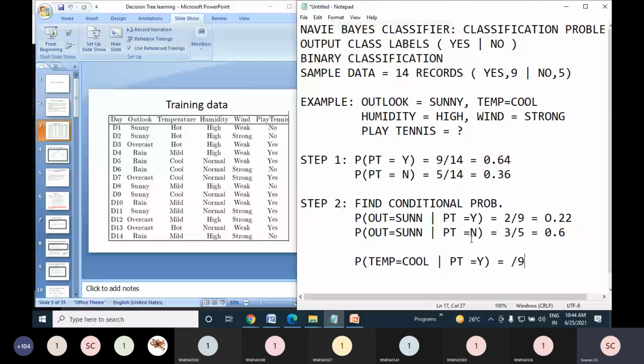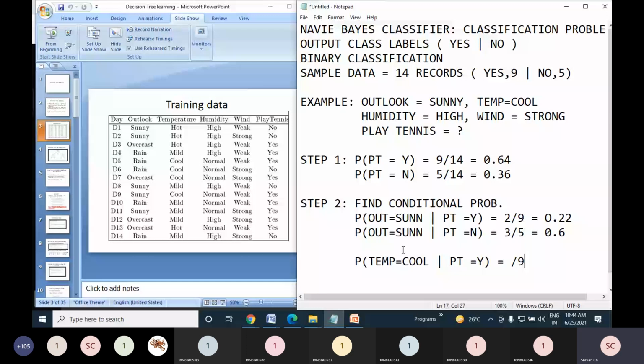Please look at this temperature. 1, 2, 3, 4, D5 is cool, record 5, and output is also yes, so 1 occurrence. Cool and no, I don't want this. Cool and yes, 2 occurrences. Cool and yes, 3 occurrences. So total number of times when output was yes is 9, out of which 3 times the temperature was cool.